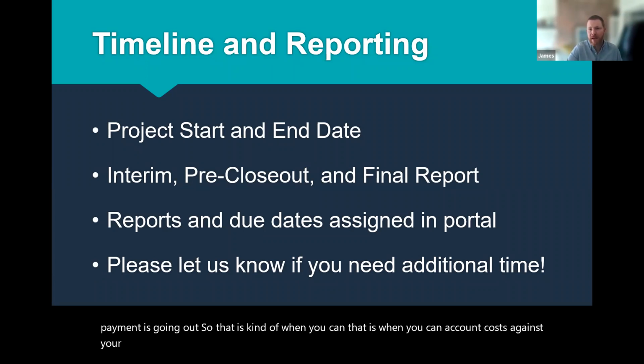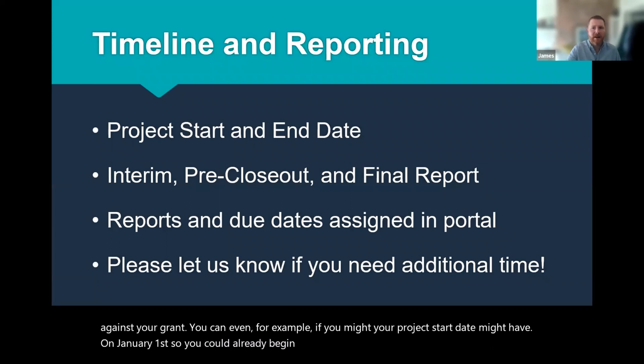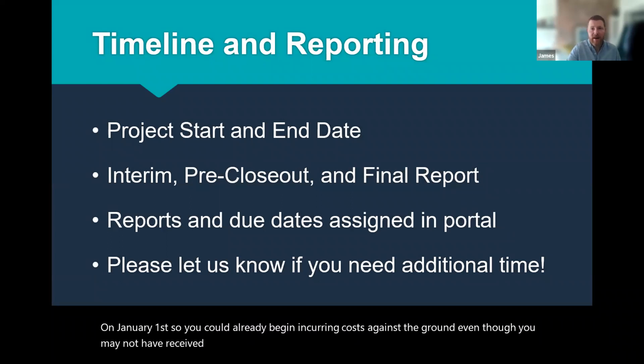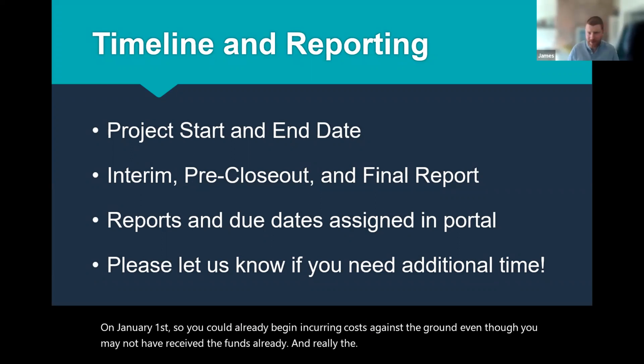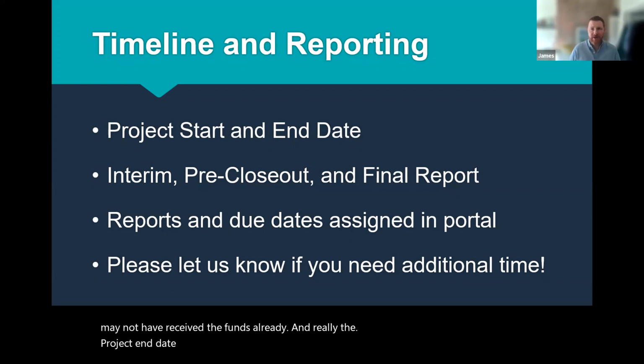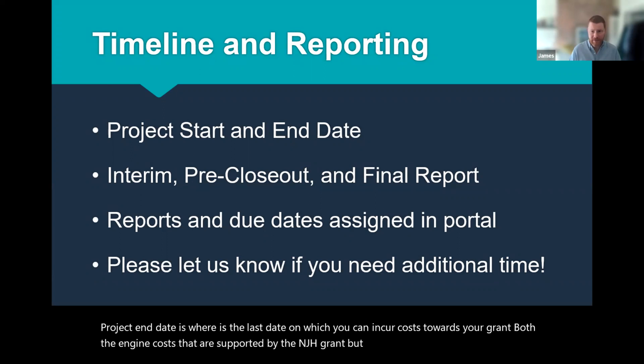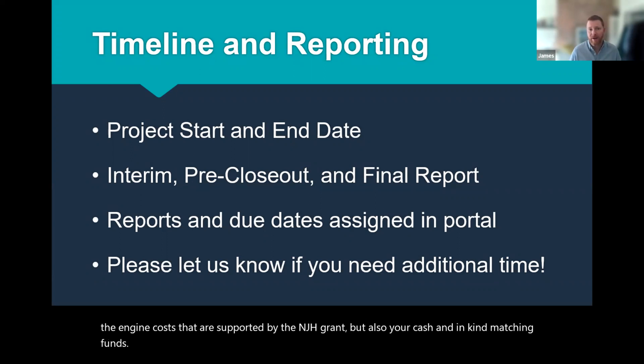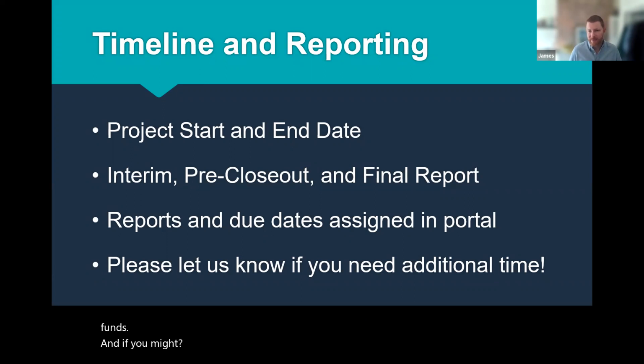For example, if your project start date was January 1st, you could already begin incurring costs against the grant, even though you may not have received the funds yet. And the project end date is the last date on which you can incur costs towards your grant, both the costs supported by the NJCH grant and your cash and in-kind matching funds. If you have a surplus towards the end date, we'll discuss that later when we talk about extension requests.